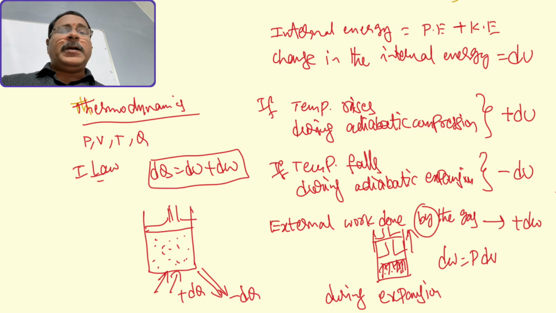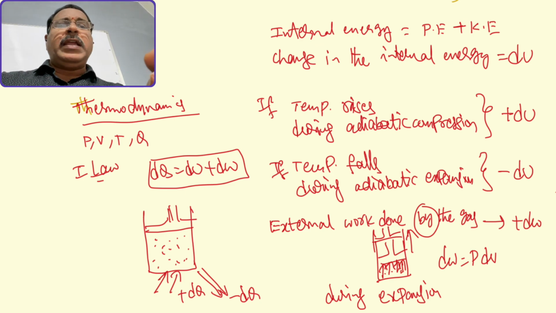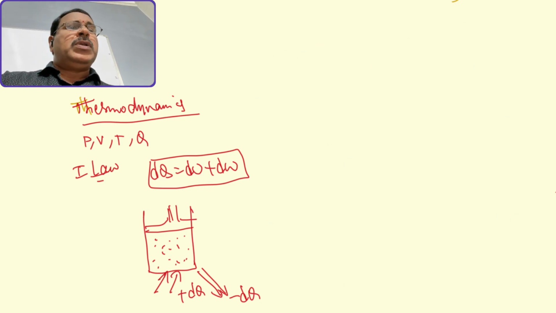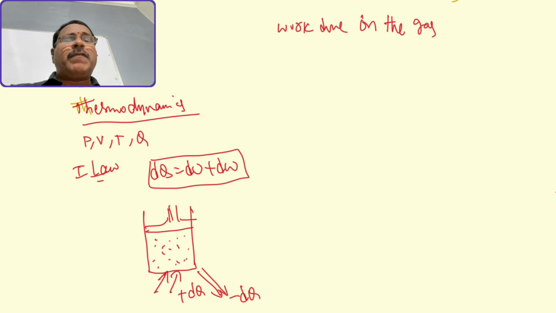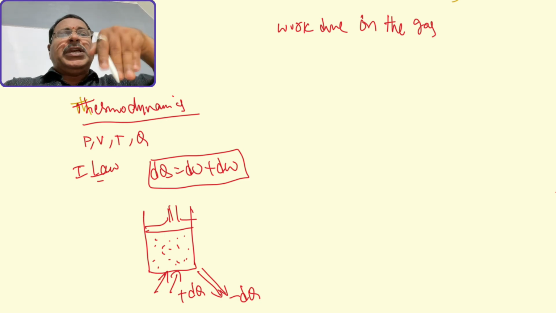Now the next, I'm going to explain negative work done. So when will you get negative work? Work done on the gas, external work done on the gas. On the gas means from outside we are pressing the piston downwards.